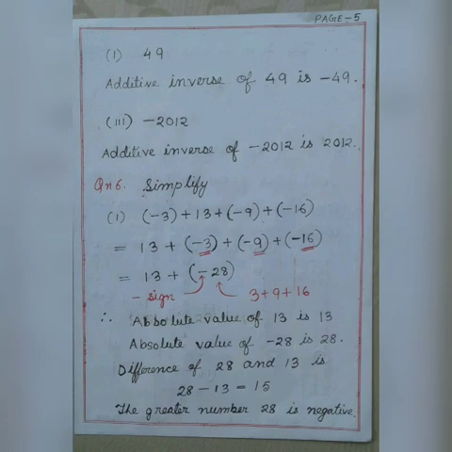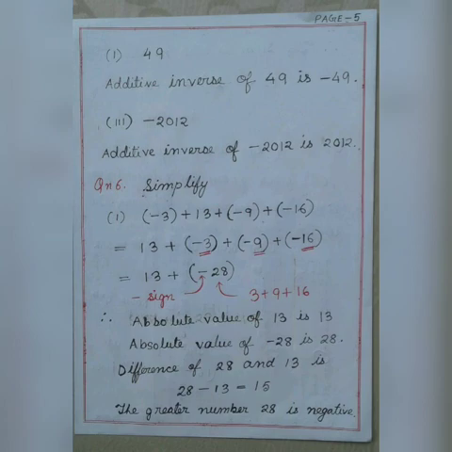So 13 I have written at the beginning, plus minus 3 plus minus 9 plus minus 16. In the next line I have written 13 plus, I have added all the negative integers and put a minus sign before the sum. That is 3 plus 9 plus 16 is 28. As the integers are negative, I have put a negative sign before the sum.